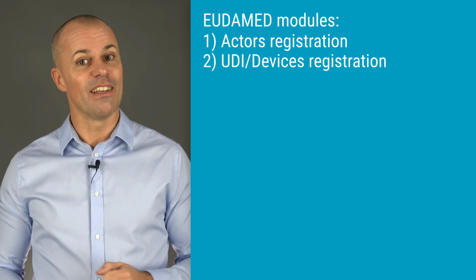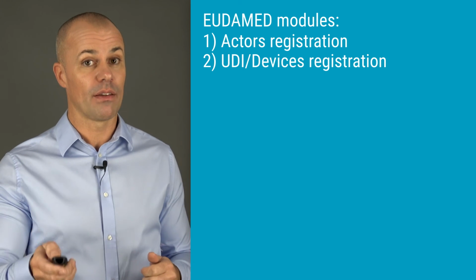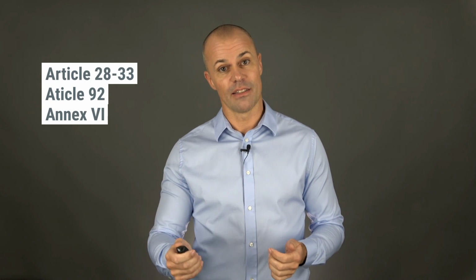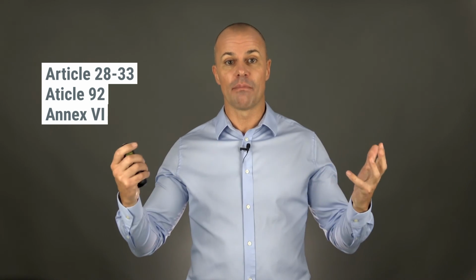But luckily, this will only be needed once for each economic operator. All this is specified in Article 28 to 33 and Article 92, but also in Annex 6, plus a bunch of MDCG documents and probably hundreds of unofficial white papers, etc. So just start to dive into it.